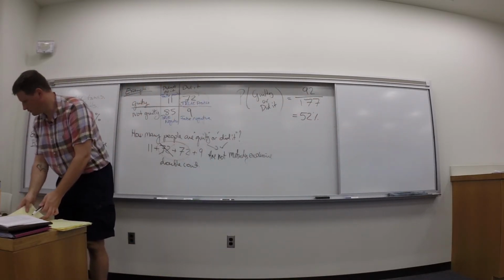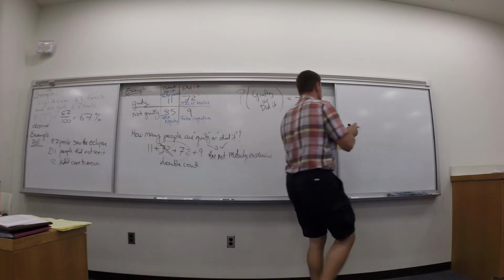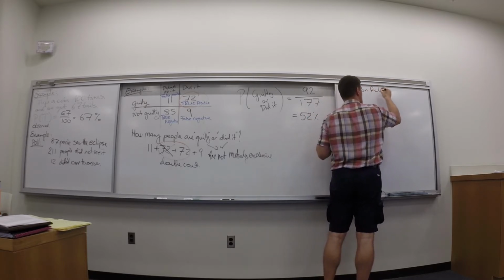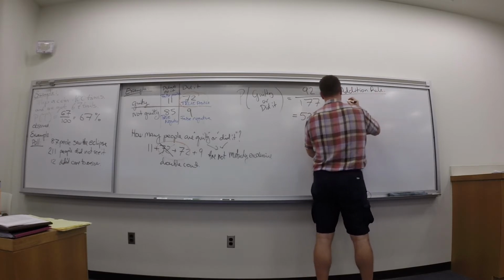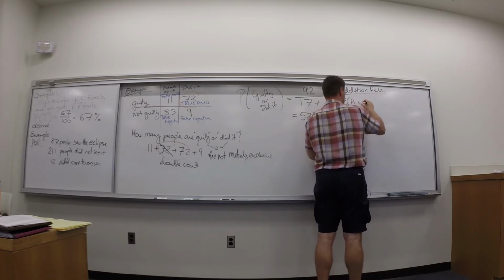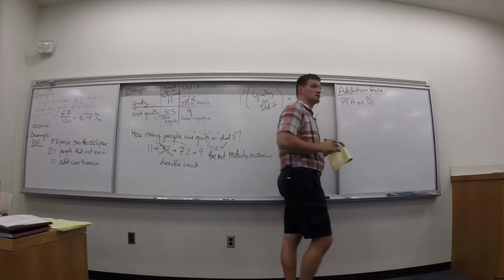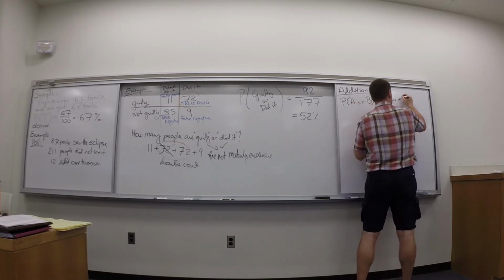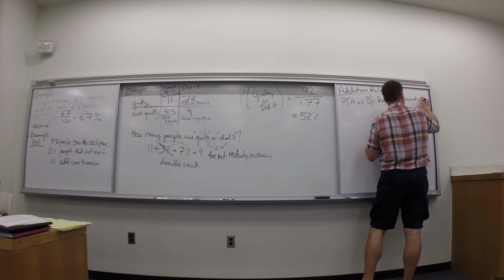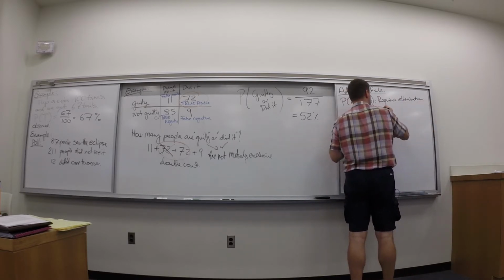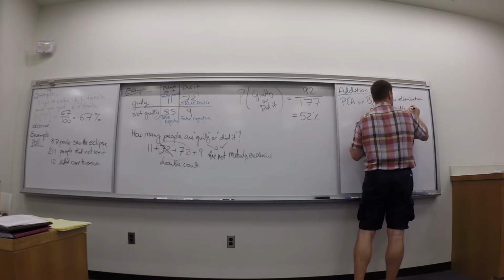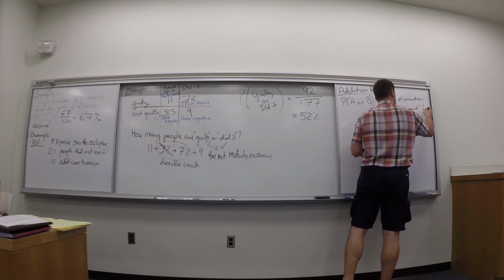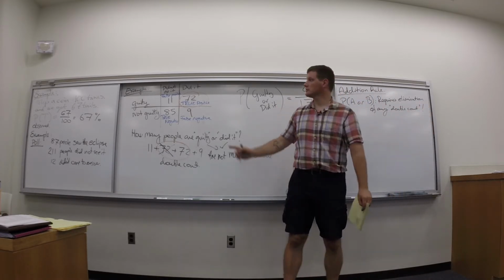So the addition rule says, hey, so far this is what we've been talking about, but it requires elimination of any double count. We cannot count those people twice.